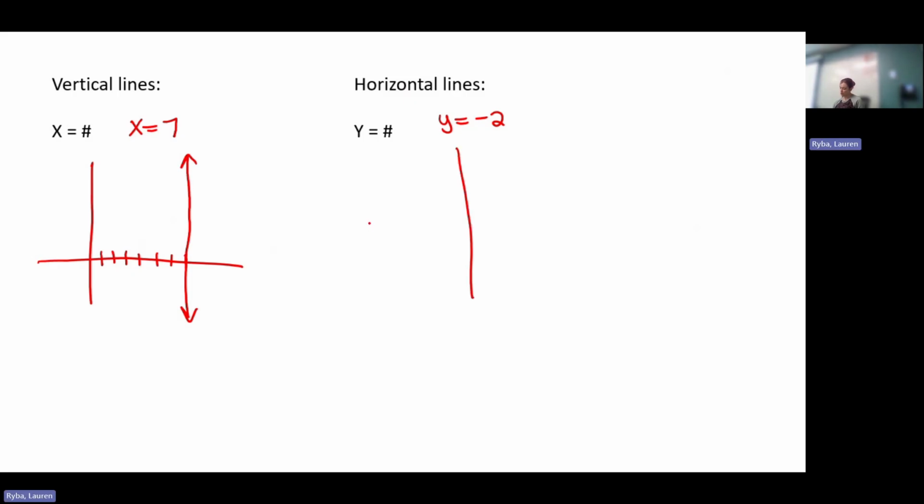Horizontal line is just that, a horizontal line through the value of the y of negative 2 in this case. So I find negative 2, and then I draw my horizontal line. Oops, somehow I got a double negative on there.